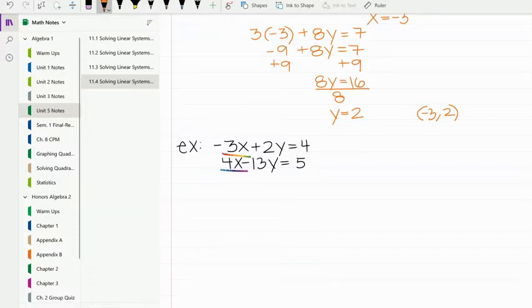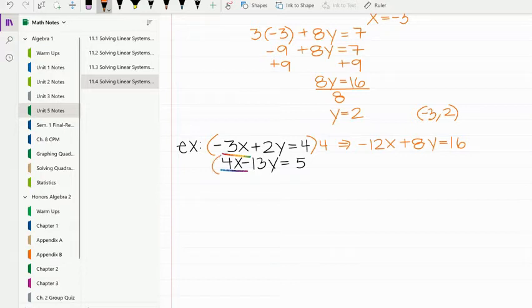So I'm going to make them both 12. You're looking for the greatest common factor. I'm going to multiply this one by 4. When I do that, I get negative 12x, positive 8y, and positive 16. Again, it's important that you remember when you're multiplying by an integer, you have to multiply it by each term.